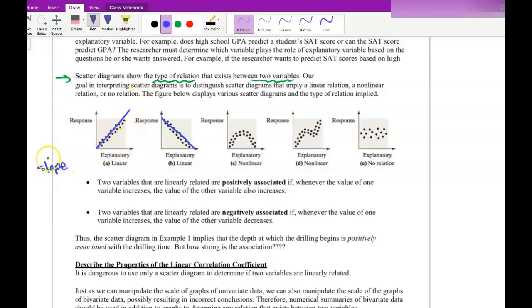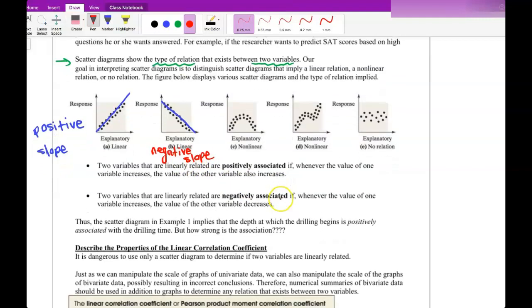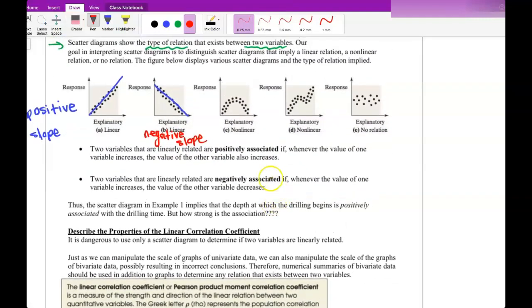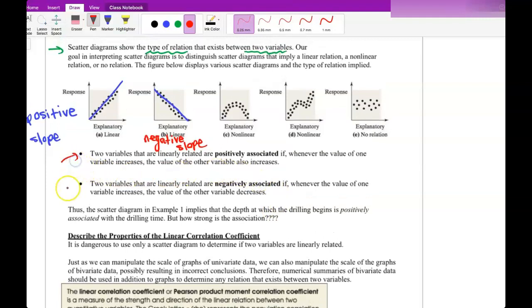So this part is for positive and negative.